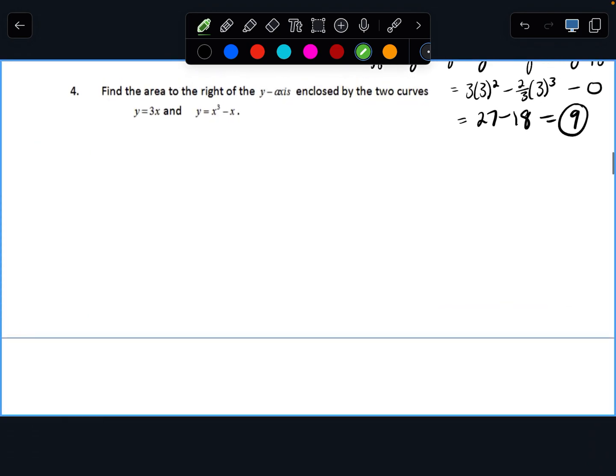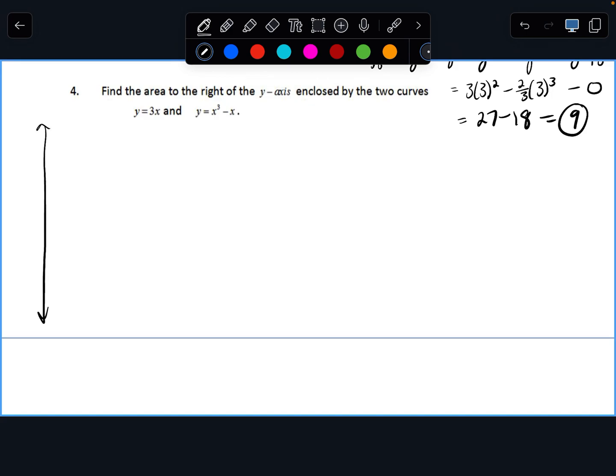Okay, all right, so these are the fun ones. Sarcasm. You just have to know what they look like. Hopefully the line's not the issue. The cubic one has a max and a min, it's curvy like that. They want it to the right of the y-axis.